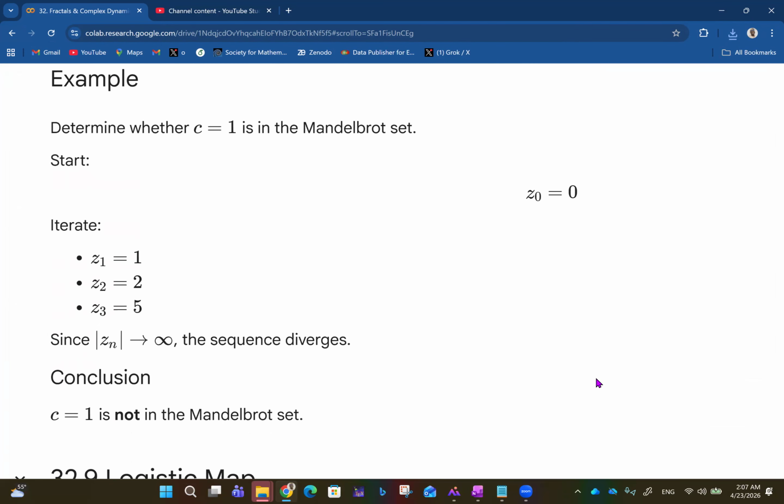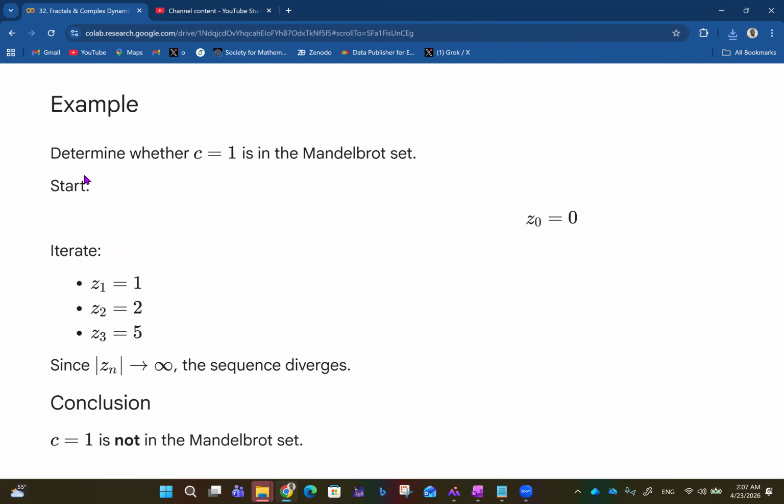For an example, we want to determine whether c equals 1 is in the Mandelbrot set. So we start with z naught equals 0. And if you iterate, we are talking about z_n squared plus c.